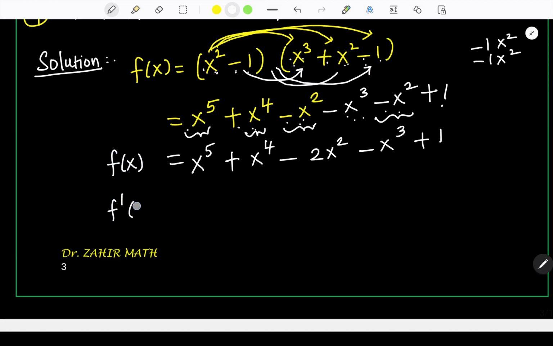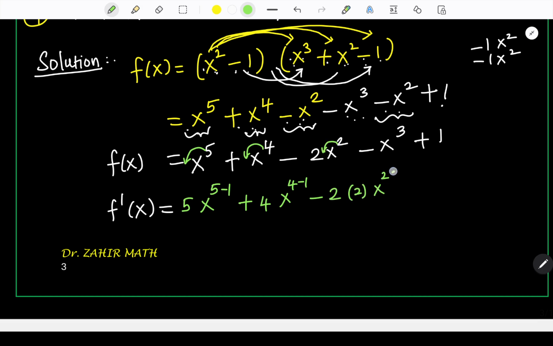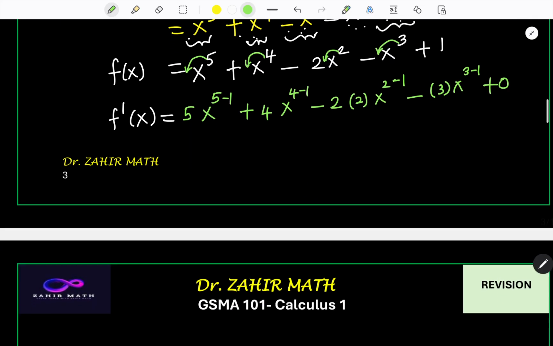Now we are going to do the derivative f dash of x. So 5 will come down, x power 5 minus 1, plus 4 will come down, x power 4 minus 1, minus 2 will come down, x to the power of 2 minus 1, minus 3 will come down, x to the power of 3 minus 1, plus the number, the derivative is 0.